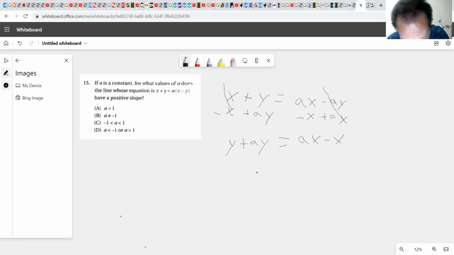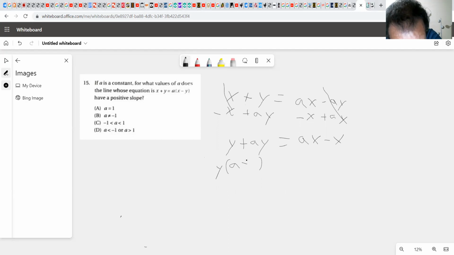So now I'm trying to get the y, so let me factor out the y here. I'll write y times parentheses, with the a first: y into ay is just a, and y into y is 1.